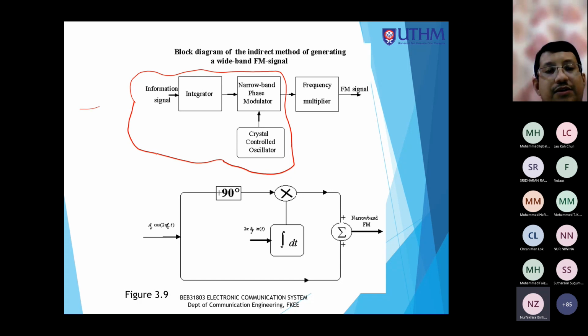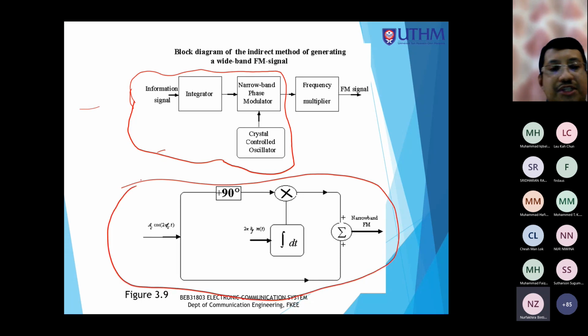The red color that I highlight here is this one, and the picture below is this one. The signal that we produce at the output of the indirect FM is the narrowband FM. If you want to make it wideband, we need to add an additional frequency multiplier so that it will produce wideband FM.